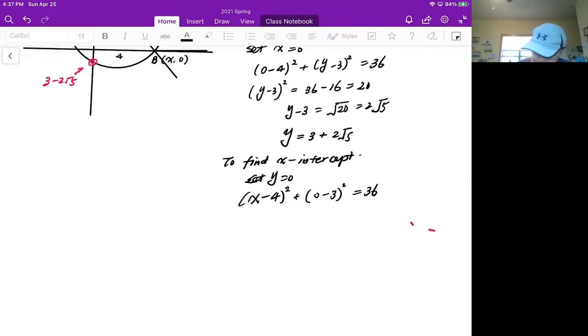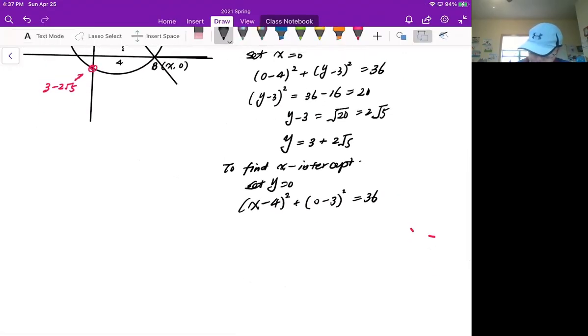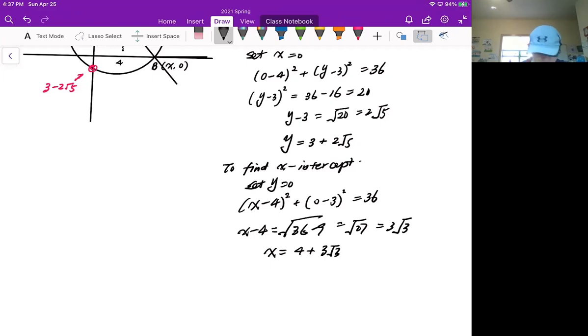So x minus 4 is the square root of 36 minus 9, that is 27, and that's 3 root of 3. So my x value is 4 plus 3 root of 3. I'm a little bit faster just because many of you can do that.